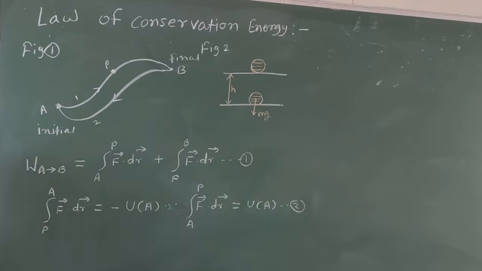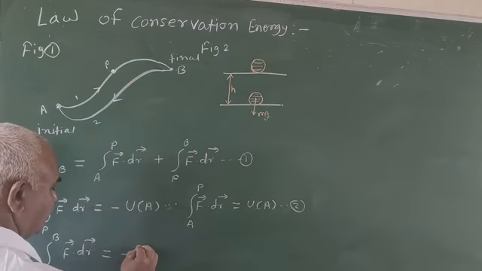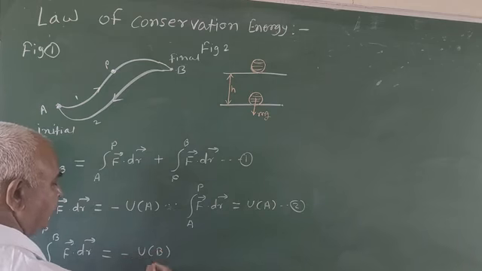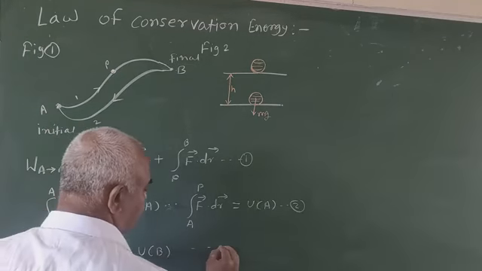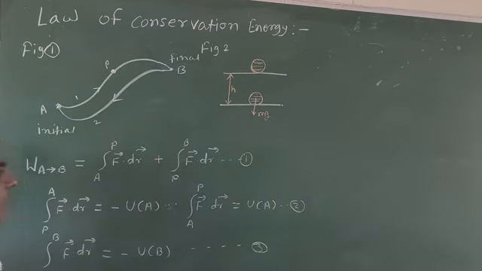And here, when we consider work done from P to B, integration from P to B of F bar dot dr bar, that should be given by minus U of B, the total energy at point B. Say equation number 3.